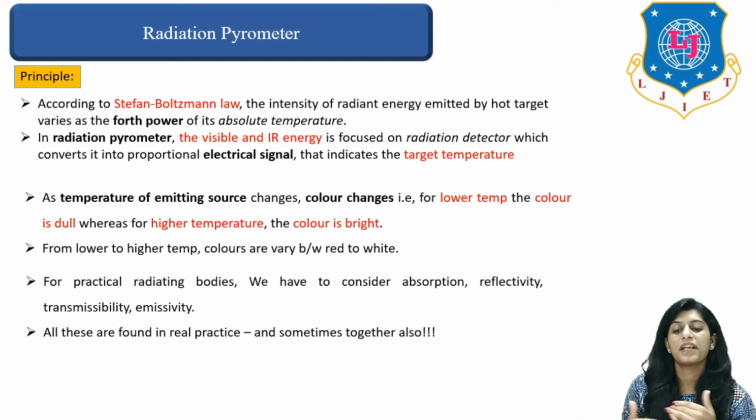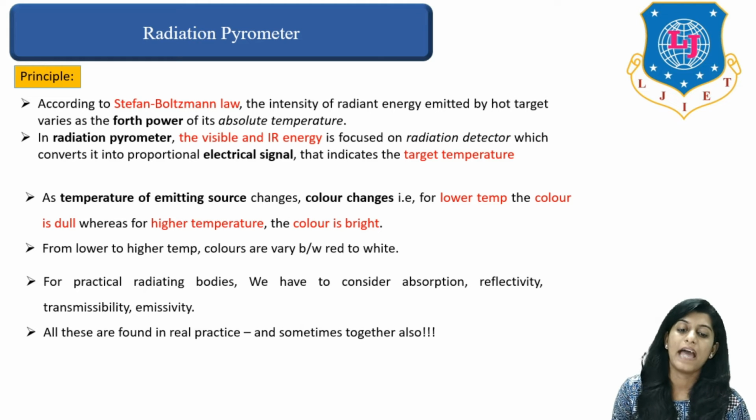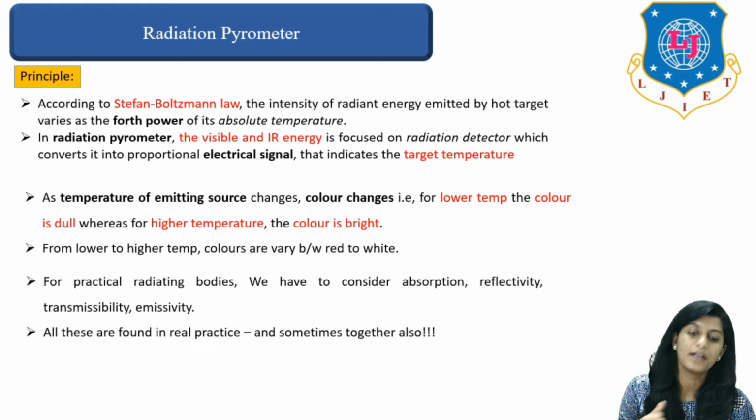Now, as temperature of the emitting source changes, color will change. That is, for low temperature the color will be dull, and for higher temperature the color will be brighter, right? So from lower to higher, color will vary between red to white. Now for practical radiating bodies, we have to consider absorption, reflectivity, transmissibility and emissivity.